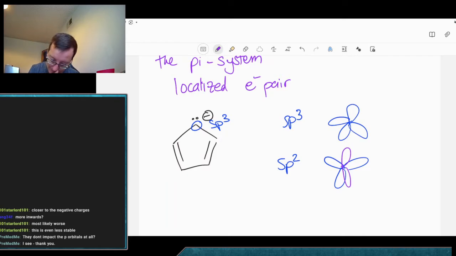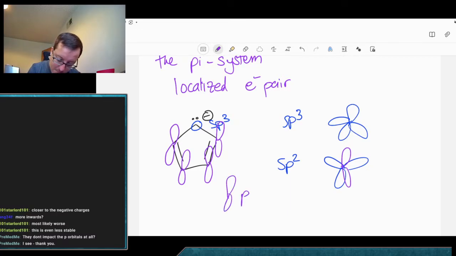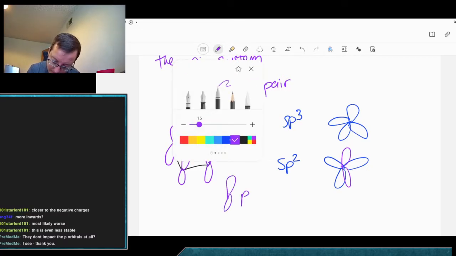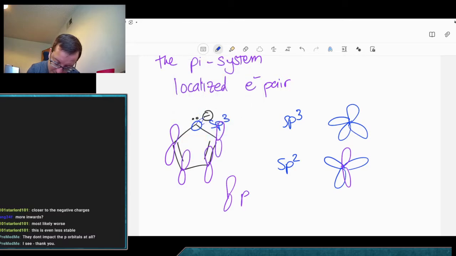And so, if we try and draw these lobes here, those are all our p orbitals. But on that other one, we actually have an sp3 orbital that's still pointing up, or it can point up.